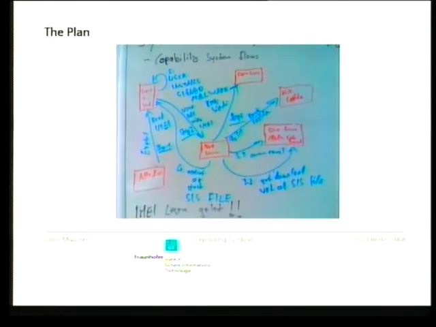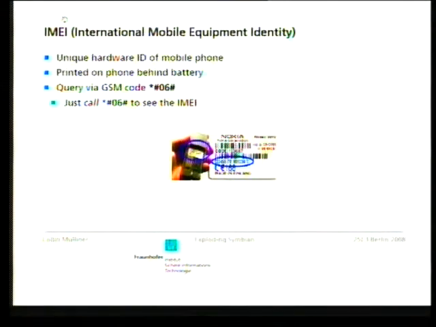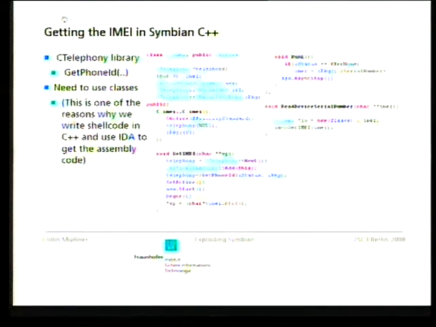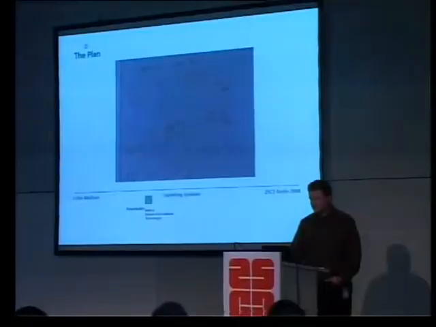So the original plan was like this. We attack the device, extract the IMEI, send it to the backend server. The backend server will send it to the online signing system. The signing system is protected by a very, very cheap captcha.